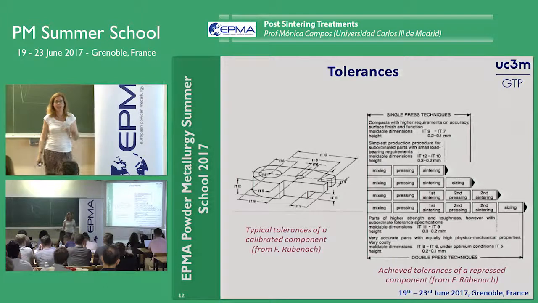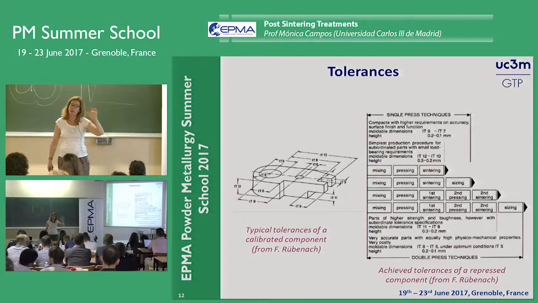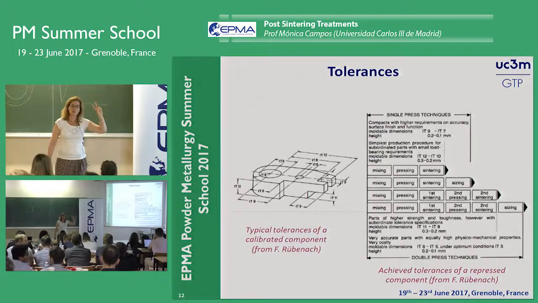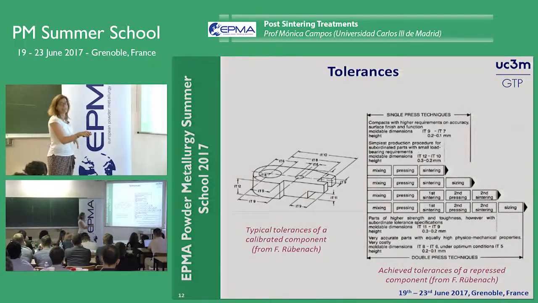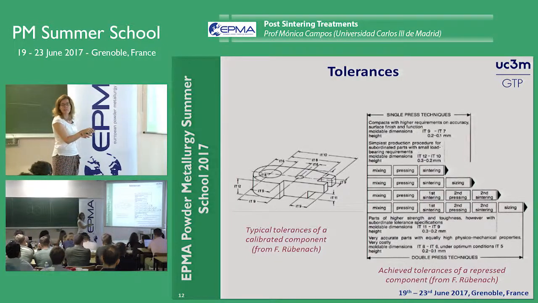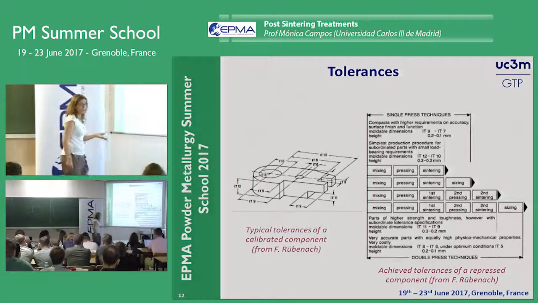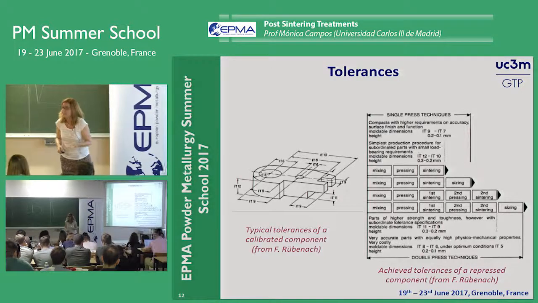Another possibility, higher performance, is to go to a further densification. Then we can go to 2P2S, that is two pressings, two sinterings: press and sinter again. In that case, we move to an IT of about 11, 9, worse than the first that we have chosen. Then, trying to fix the geometry of the component better, we need a final calibration or a final sizing.